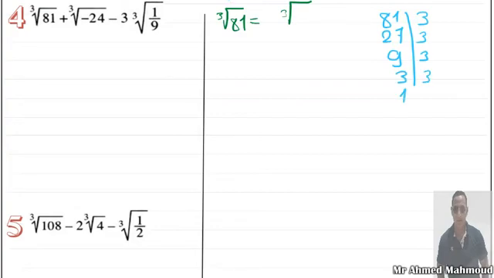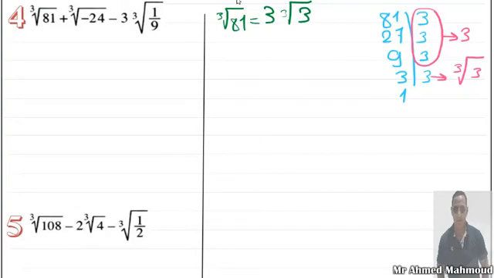Then I'm going to select 3 like factors to be 3 outside, and this one will be inside the root. Then finally we will have here 3 outside and 3 inside.